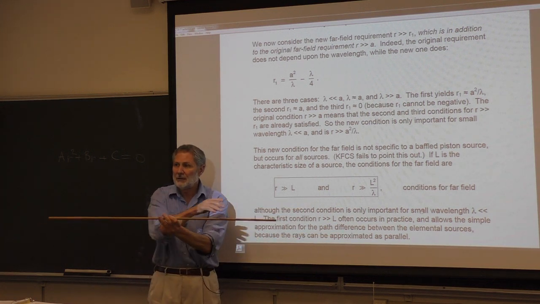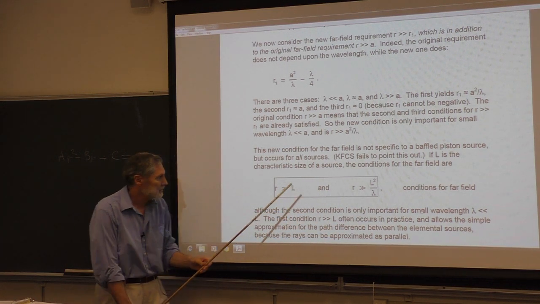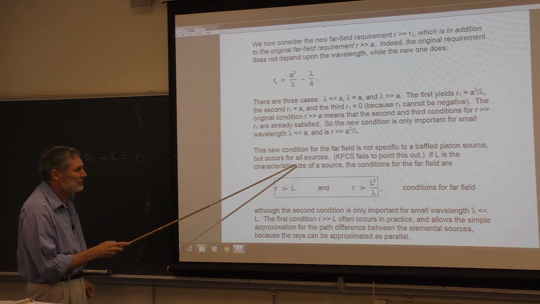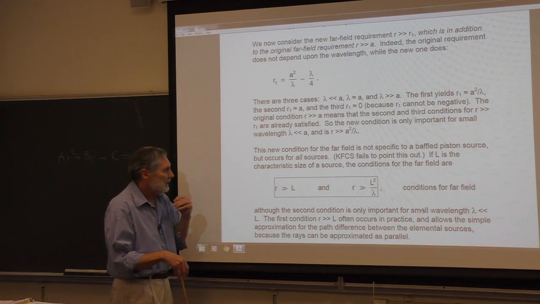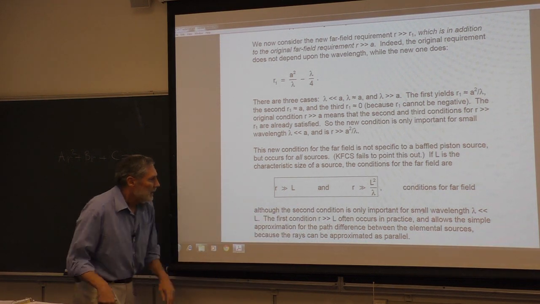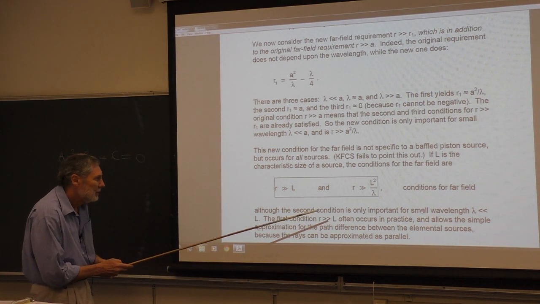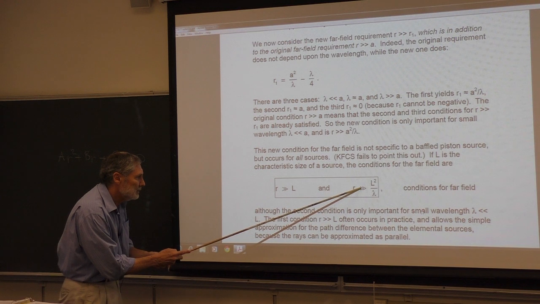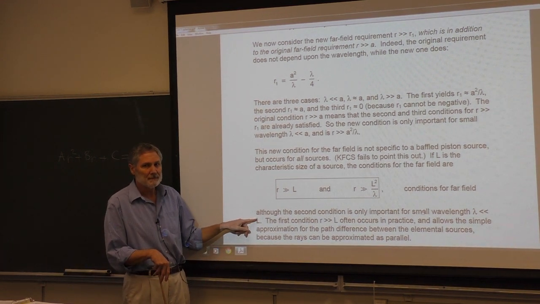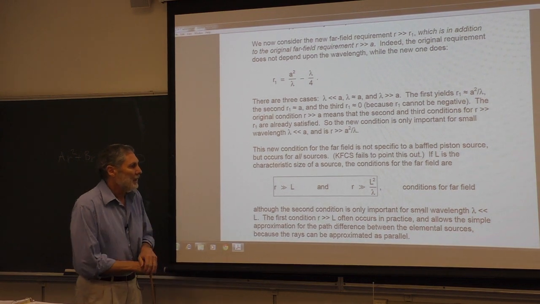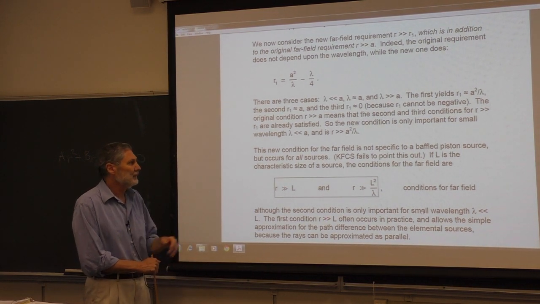Here it's the length of the uniform line source. So this is just some characteristic length scale of the source. You have to have these two conditions, and you only have to worry about this one when the wavelength is much less than the size of the source. And this holds for any source.